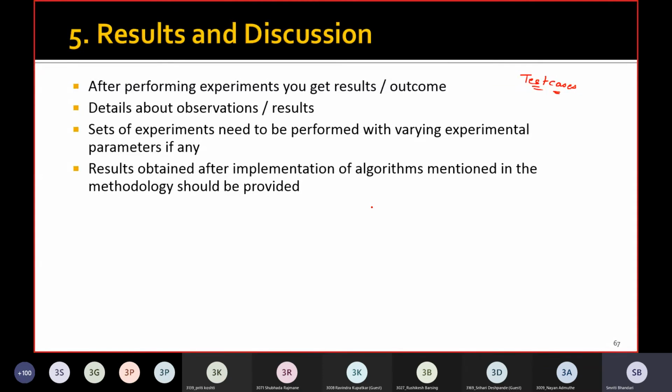There should always be a good flow. A good flow should be maintained throughout the document, throughout the report. The reader should not feel disconnected, or feel that there are some patches assembled together to prepare the report.